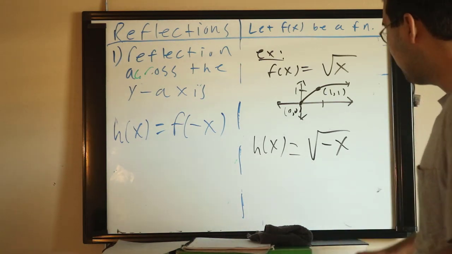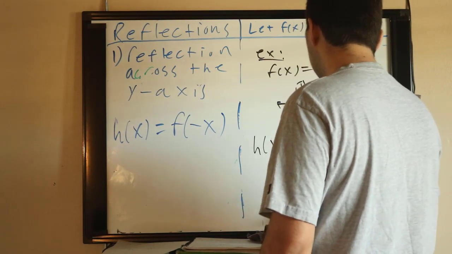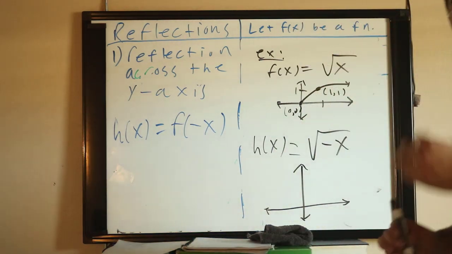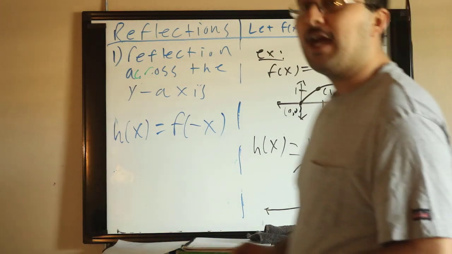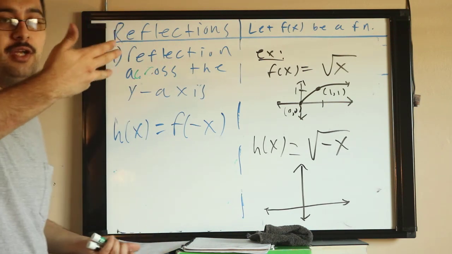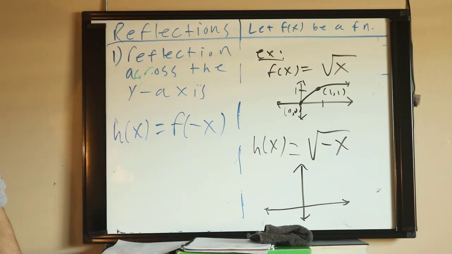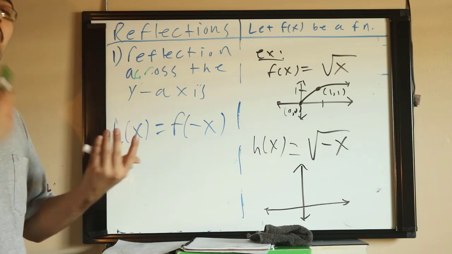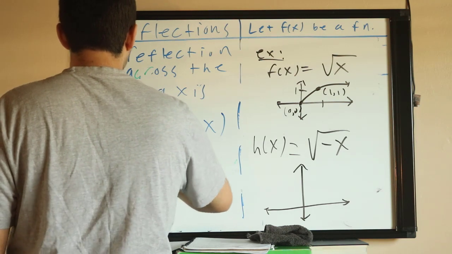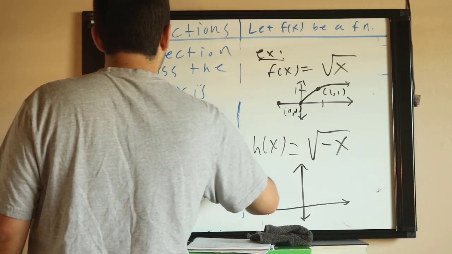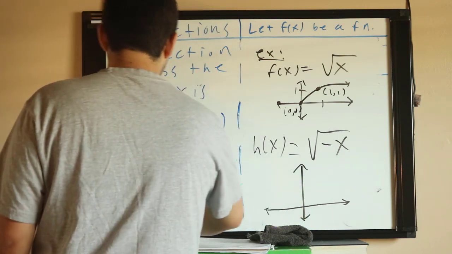So what will that shape look like? What will that graph be? Well, let's think about it. What did we do in a reflection across the x-axis? We took our original shape and folded it over the x-axis. So now we're doing y-axis reflection. Unsurprisingly, we will fold the graph over the y-axis.